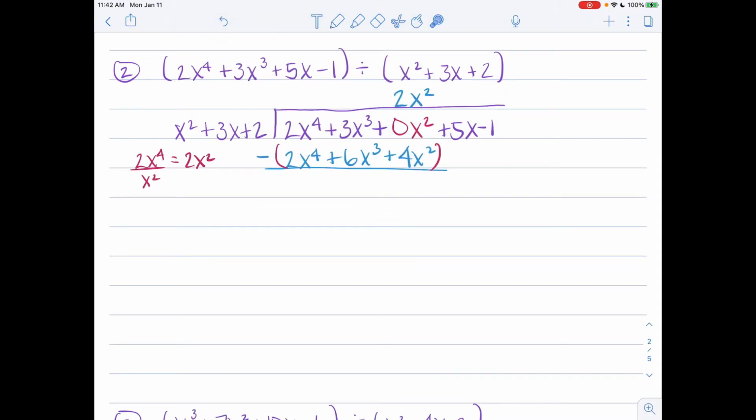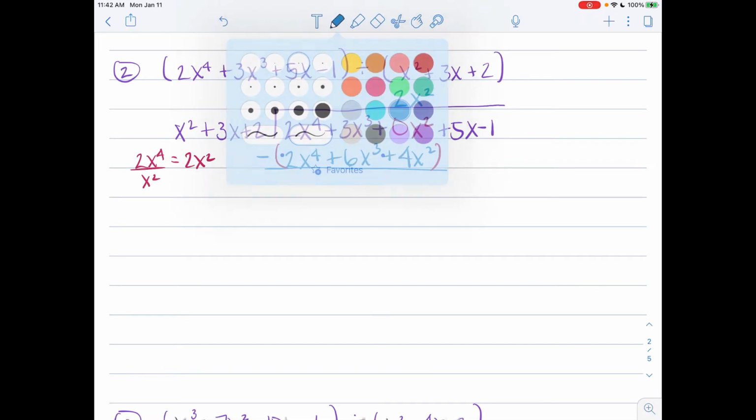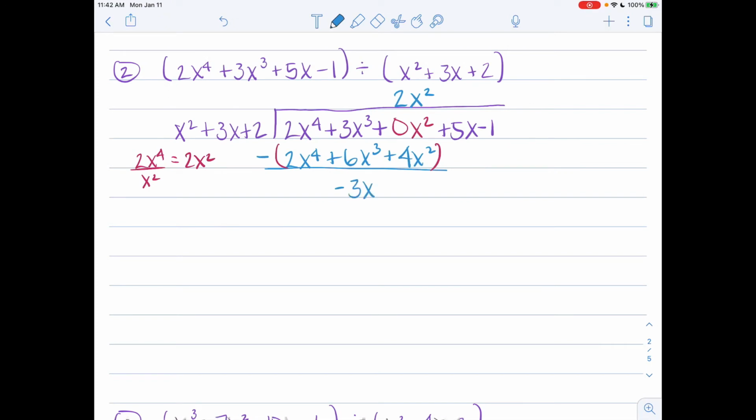And just like in the first problem, these are going to go to 0, 2x to the fourth minus 2x to the fourth, 3x to the third minus 6x to the third. Well, that's going to give me a negative 3x to the third. And then finally, 0 minus 4 is going to give me a minus 4x squared. I bring down the 5x and I repeat the process.